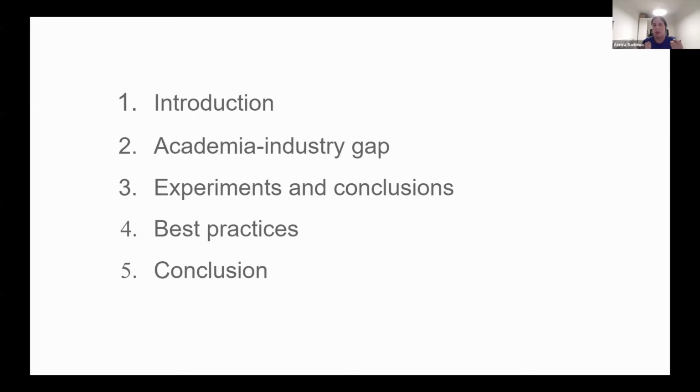After this, I will go into more detail on the experiments we had in the same paper and the conclusions we can make from them. And number 4, the best practices. An important intent of this speech is to provide some kind of guidance to people who are new to visual industrial anomaly detection and explain what you can do and which things you should be aware of. And last one, just a quick conclusion.